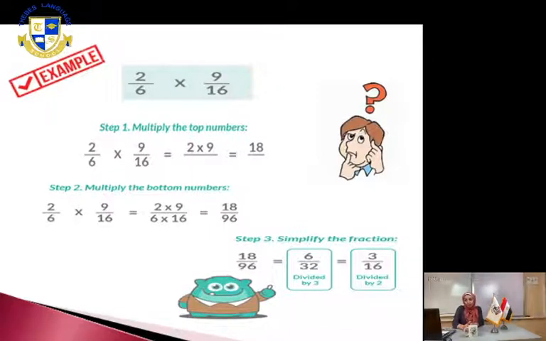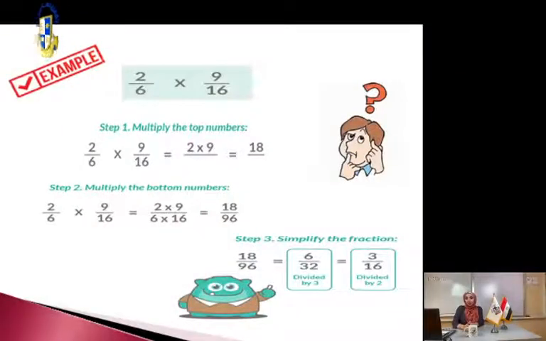We have to divide the two numbers, 18 and 96. The two numbers are divisible by what? 18 and 96 are both divisible by 3. 18 divided by 3 will be 6. 96 divided by 3 will be 32. We have another fraction, 6/32.